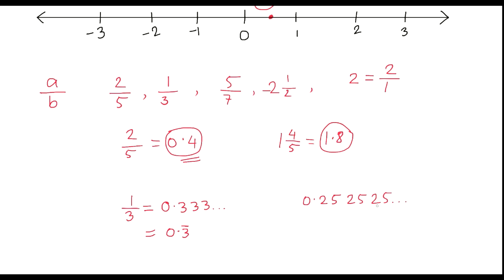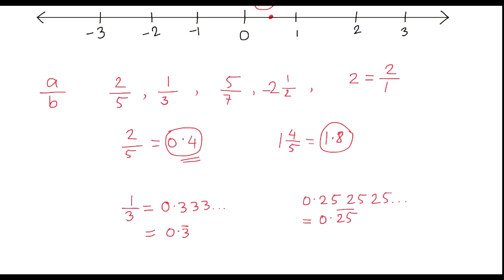That means 25 will repeat. There is a pattern, not only a single digit, there is a pattern of repetition. So it can be written as 0.25 with a bar over it. That means 25 repeats.